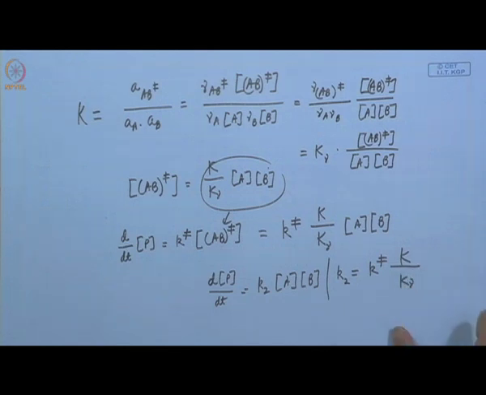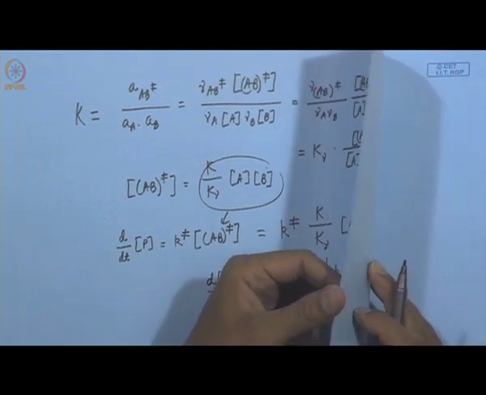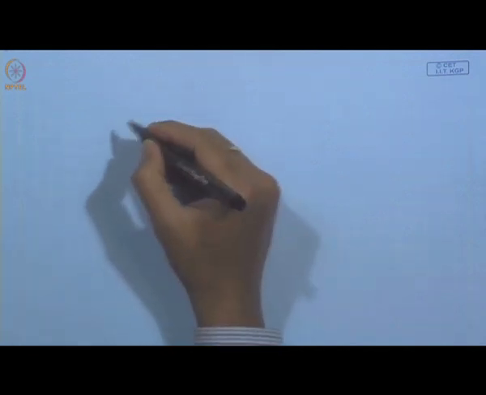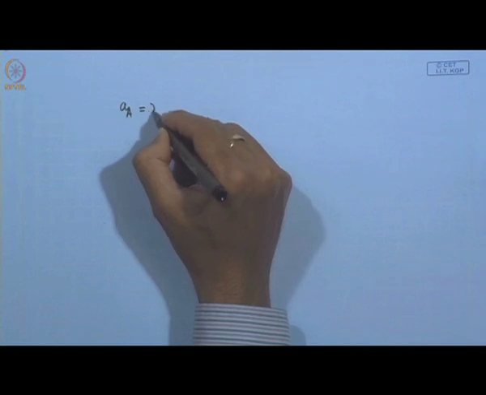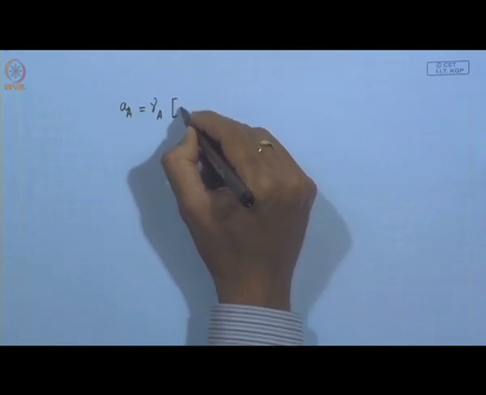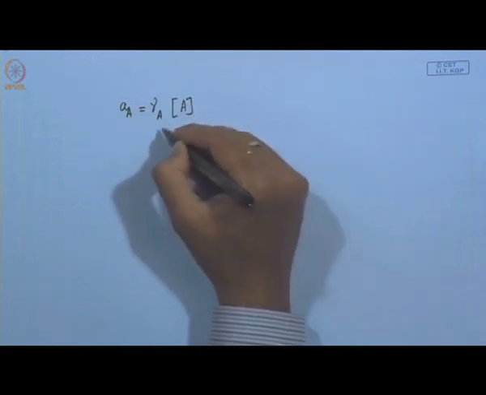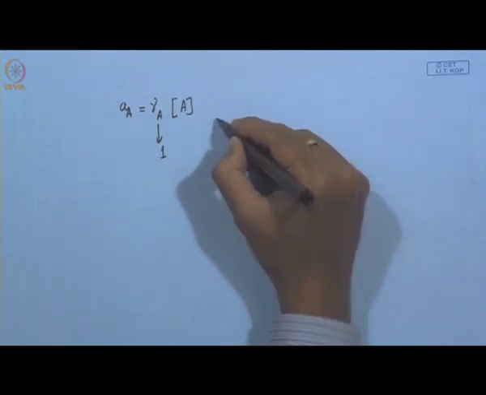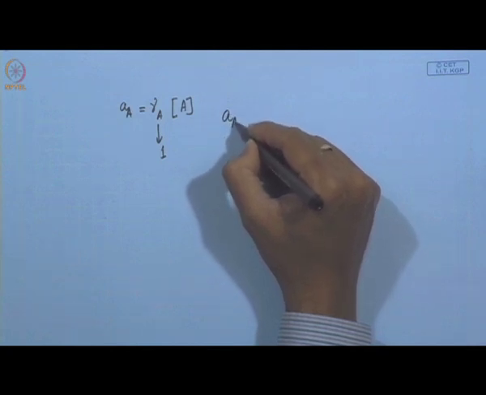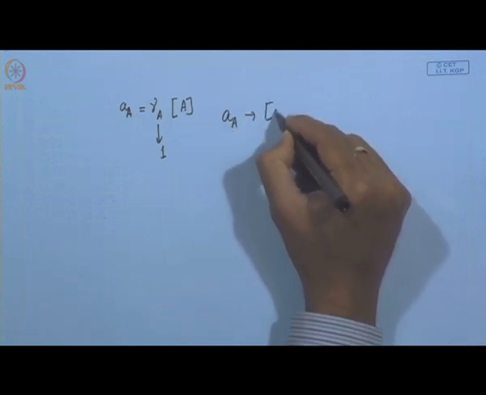Okay. Now we will first start with a very dilute solution approximation. Very dilute solution approximation means that activity a, if we start with this expression, if it is very dilute, then this will tend to unity. So for all practical purposes, you can write a in place of the activity.